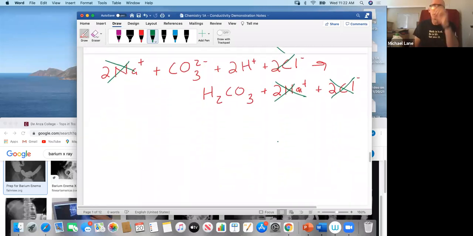So this is certainly one acceptable way of writing that equation. Another acceptable way, at least to me, is to write it this way. Pardon me, I'm going to erase that and come back to it. Let me do it this way. Start with the molecular equation.